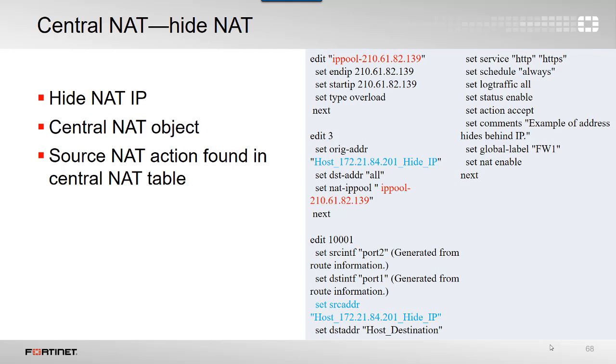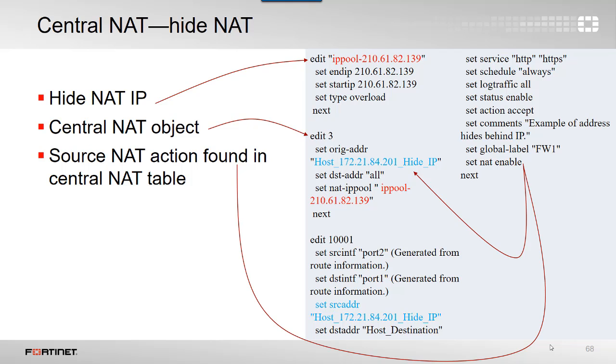If I look at the configuration here, I see the hide NAT IP, and an entry in the central NAT table, which gives us the source address and the pool to use. Then the firewall policy just has the action NAT, and the IP pool to use comes from a lookup in the central NAT table.